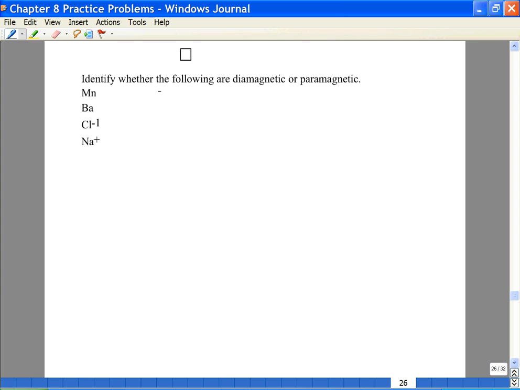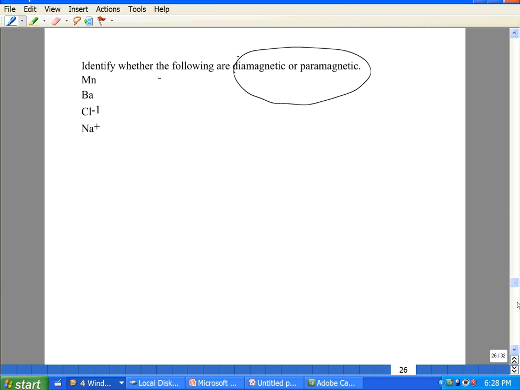You're simply looking at whether or not you have unpaired electrons.